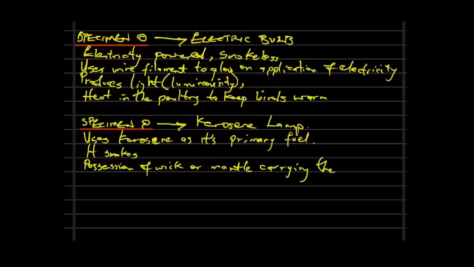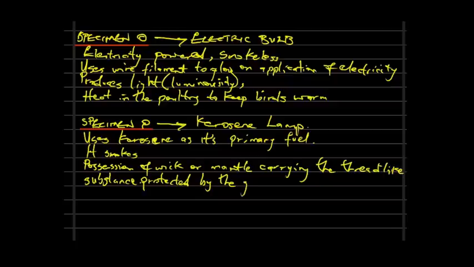The thread-like substance is what is actually being lit. So it is this that is being protected by the glass chimney or the globe. That is what helps to protect it.